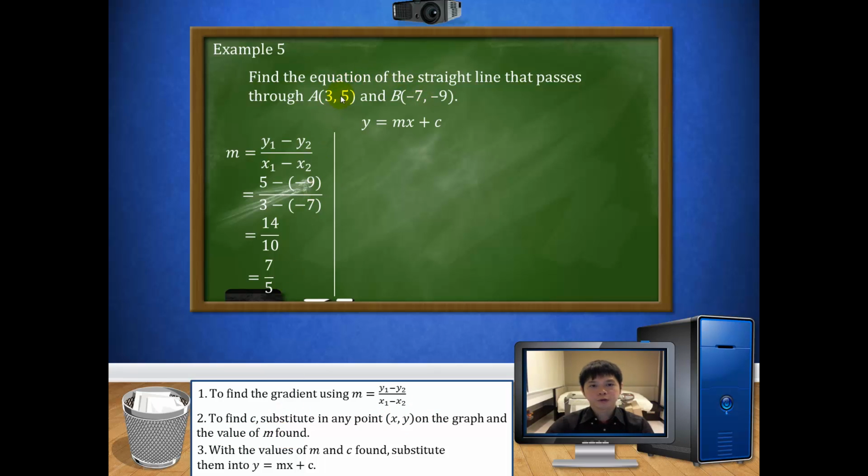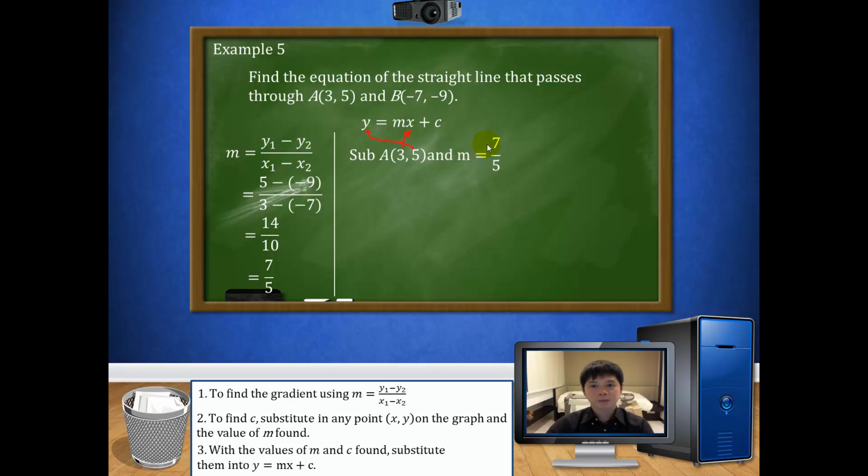Now, which coordinate will you choose to substitute into the equation of the straight line? Apparently, this is easier. Hence, we will substitute A, which is (3, 5), and the gradient which we found previously, which is 7 over 5. The value of x, we will substitute in here, and the value of y will be here.